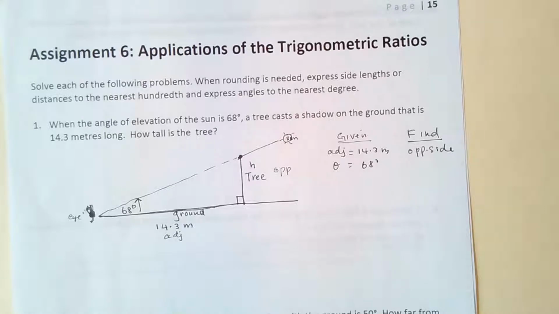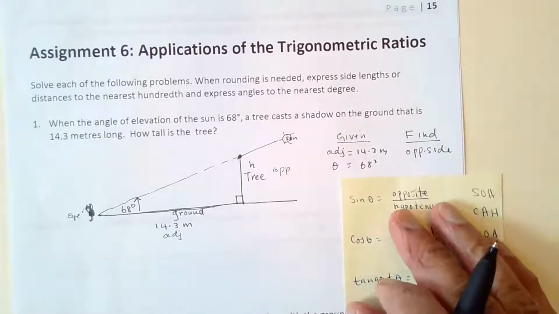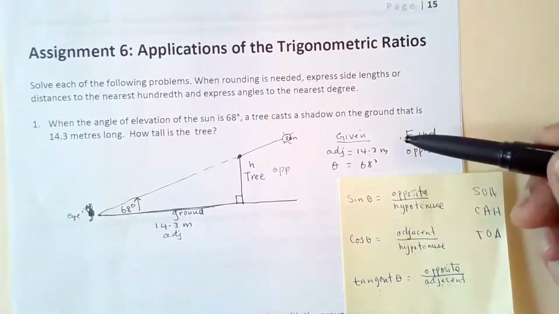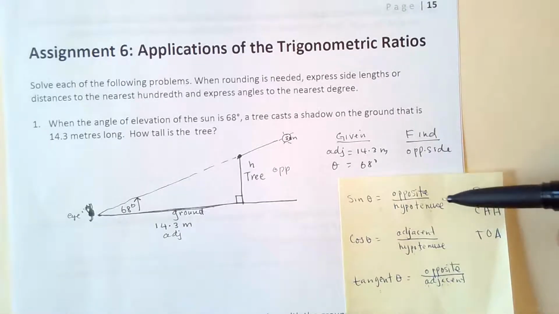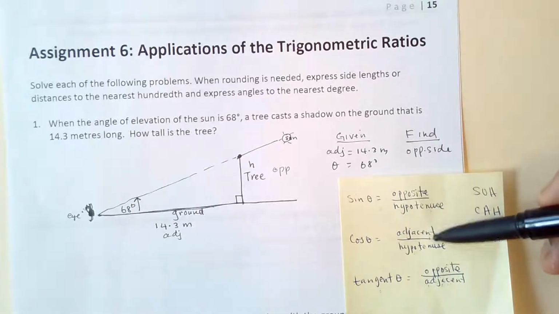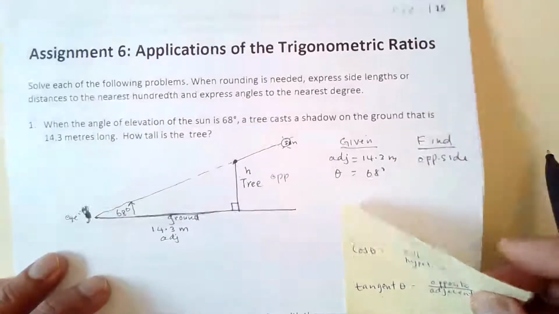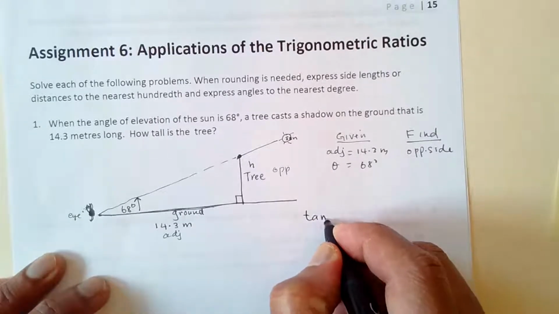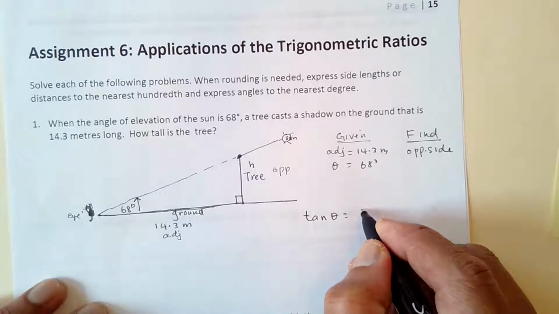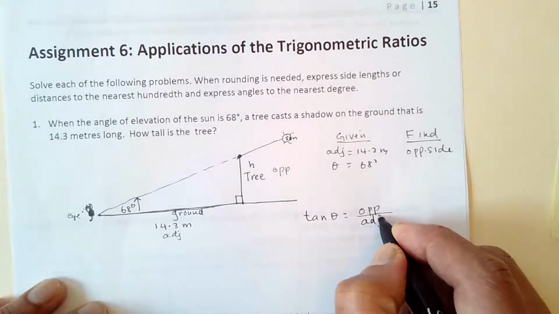In all of these questions, we have to refer to one of our trig ratios. So I go to my trig ratios here, keep it handy, and I look for a match for adjacent and opposite. It wouldn't be sine, it wouldn't be cosine, it will be tangent. So I'll use a tangent trig ratio: tangent theta is opposite over adjacent.